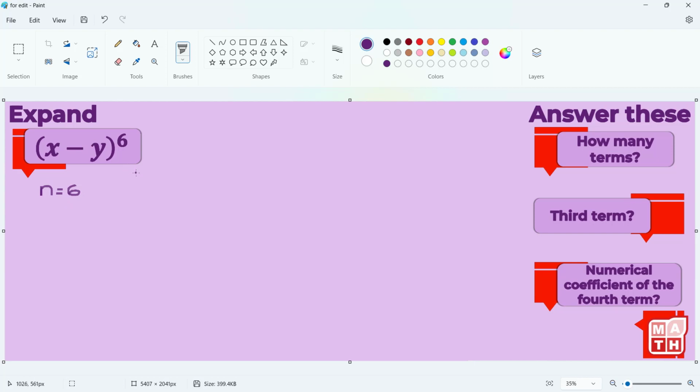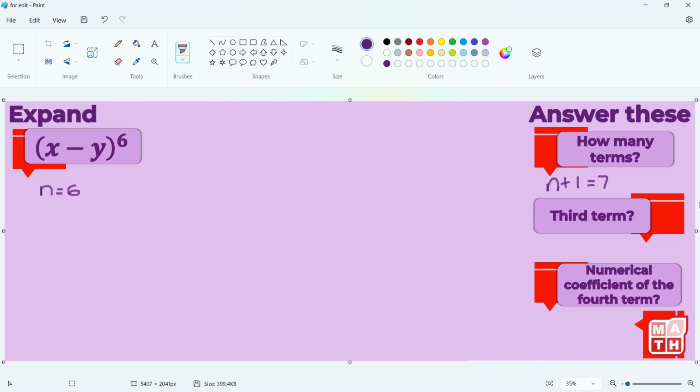But the number of terms is actually represented here in this question as n plus 1. So if 6 is the exponent of this binomial expression, we expect to have n plus 1, which is 7 terms. We expect to have here 7 independent terms that are combined to come up with the entire expansion.